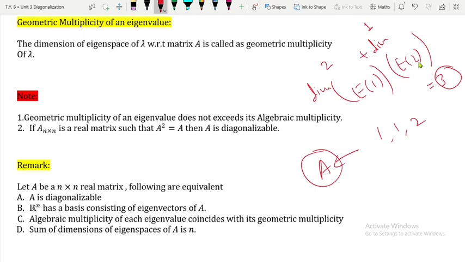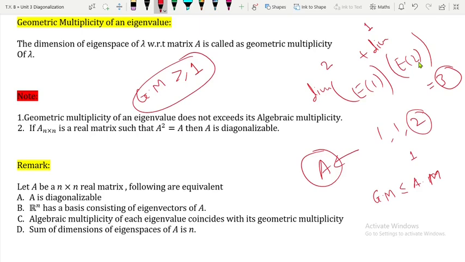Over here I would like to clear one more thing. Now listen properly. Whenever the algebraic multiplicity of your eigenvalue is 1, and we know that geometric multiplicity is less than or equal to algebraic multiplicity. Since the dimension of an eigenspace is always at least 1, the geometric multiplicity is always greater than or equal to 1.